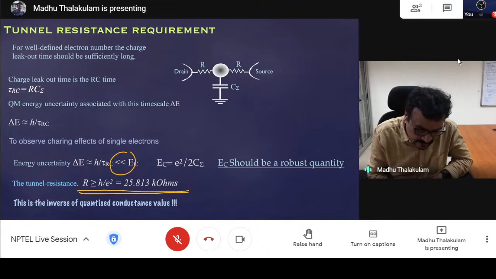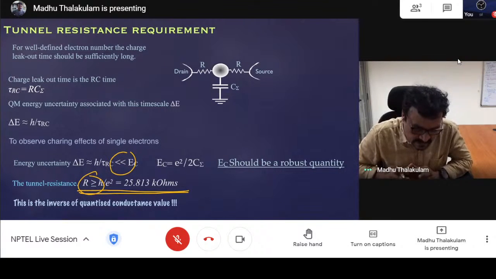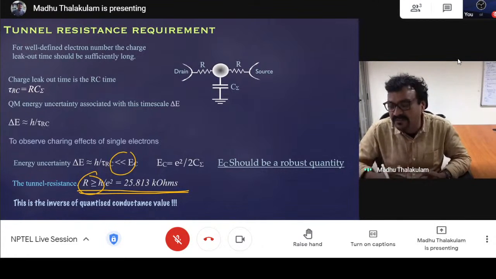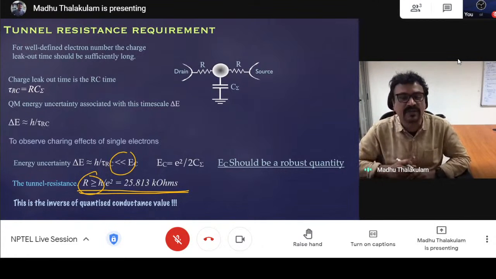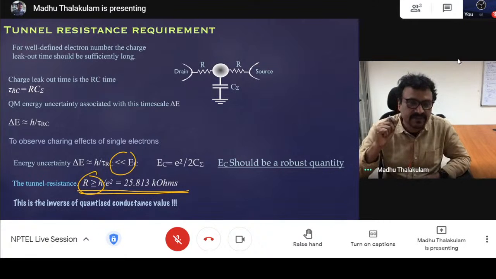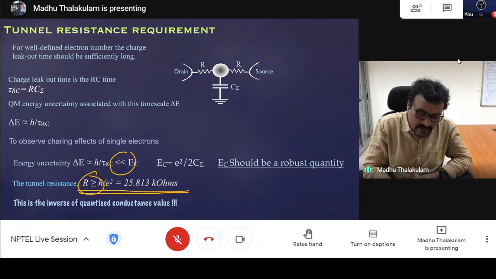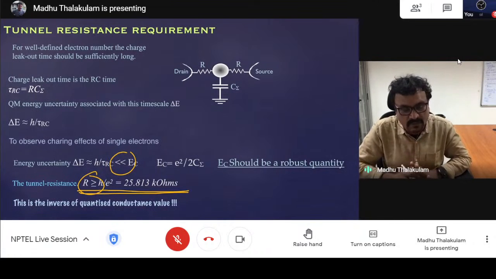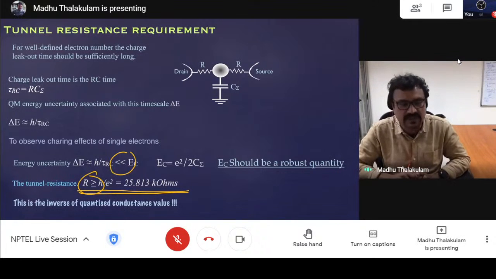So there is a lower limit for the resistance to make sure that you can observe this electrostatic charging phenomena of electrons in these devices. That is 25.813 kilo ohm, just the ratio of two fundamental constants, h and the square of the charge of the electron, e². And that is 25.813 kilo ohm.